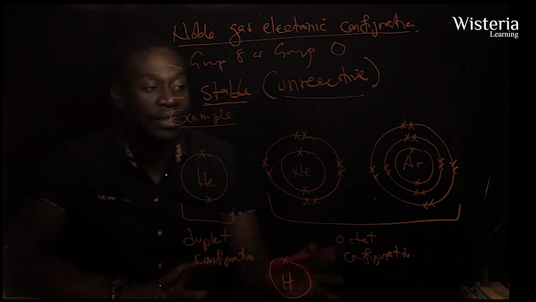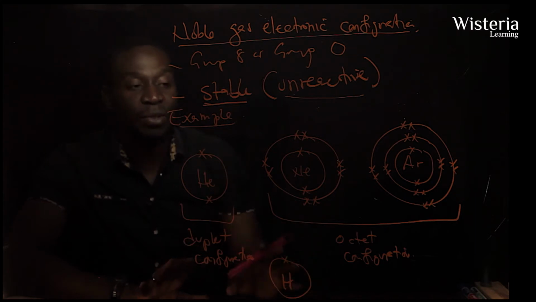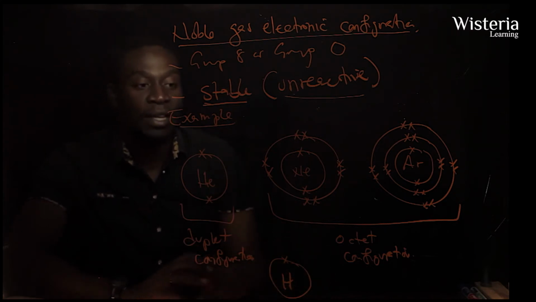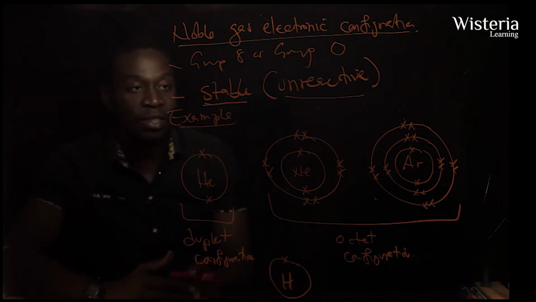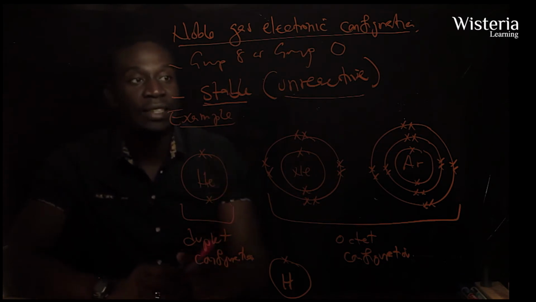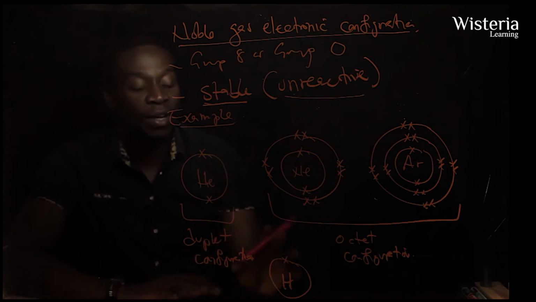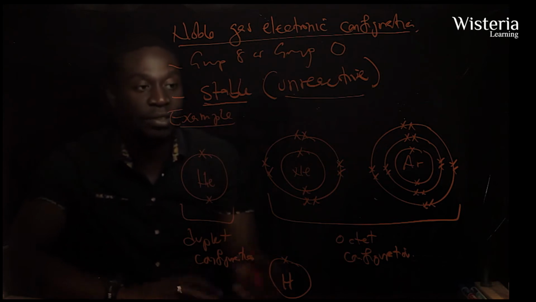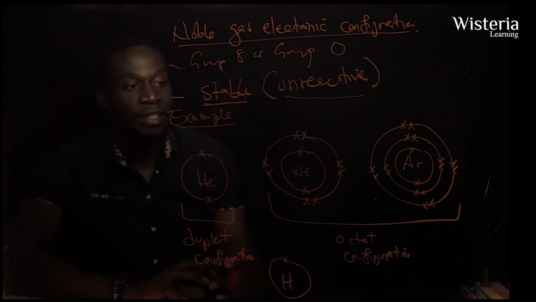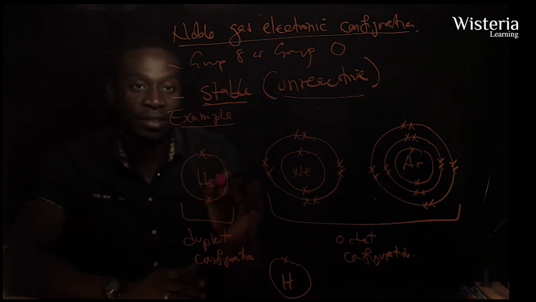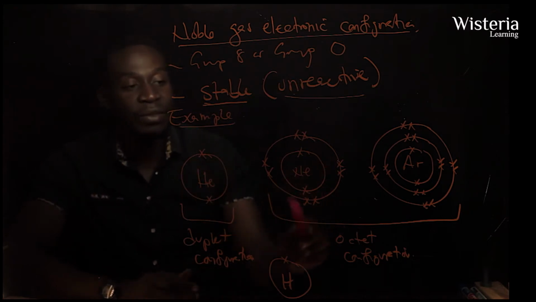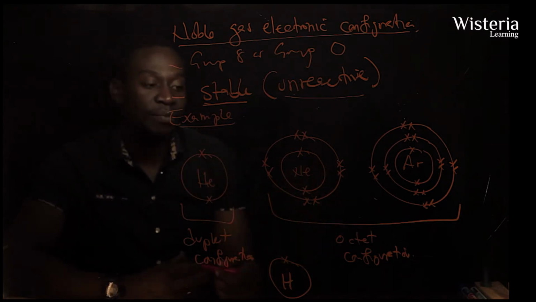So the noble gases are special elements on the periodic table. These other atoms want to become like noble gases. For them to become like noble gases, to become stable and unreactive, they must lose electrons, gain electrons, or share electrons, so that they've got either 2 electrons or 8 electrons in the outermost shell.